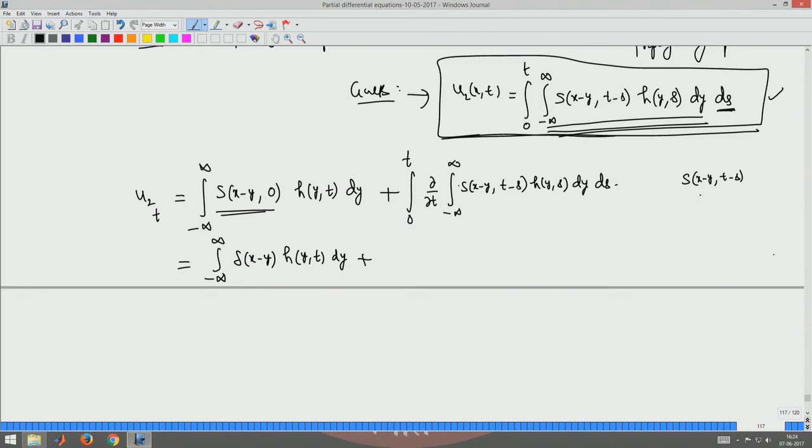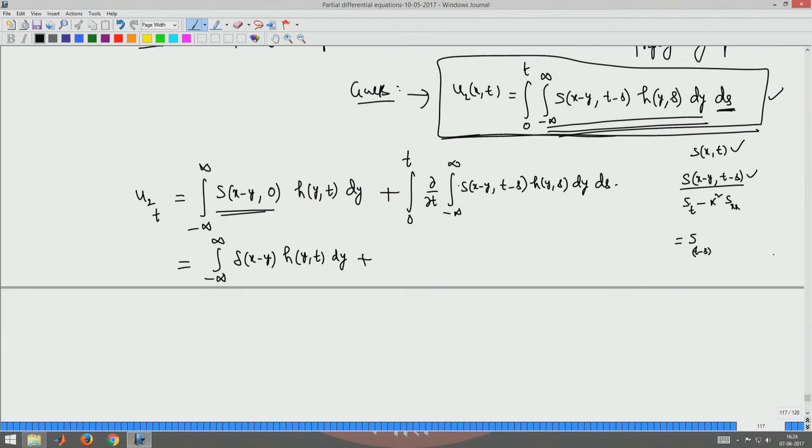How do we see this? We know that S of x, t satisfies the heat equation. Now, you want to show that this also satisfies the heat equation.